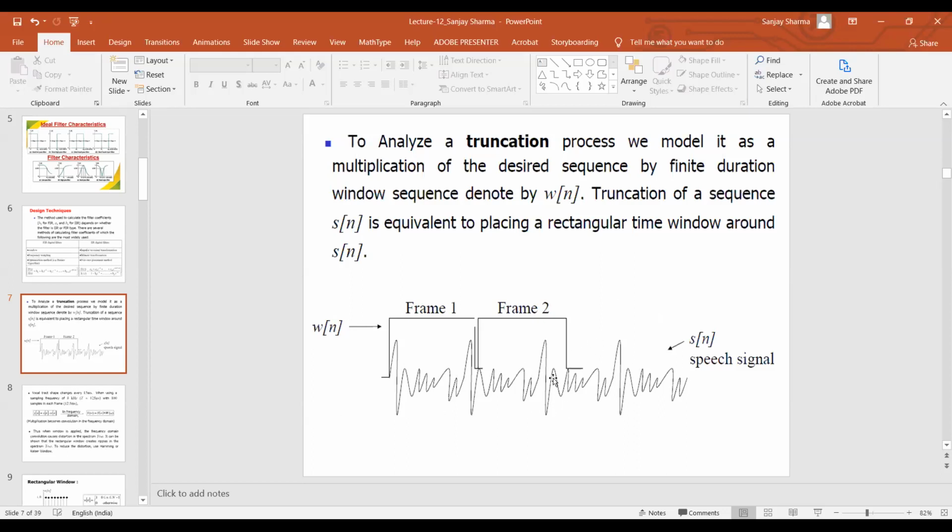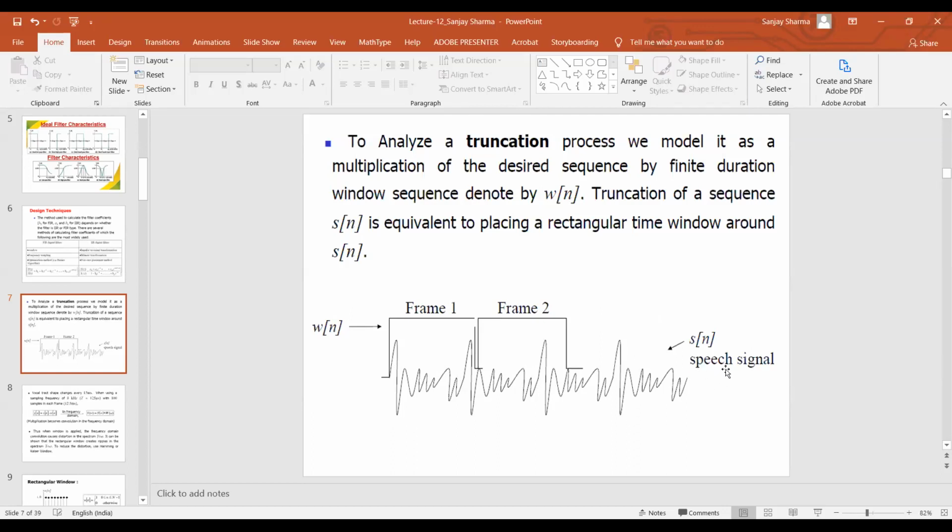We have to truncate the signal, and we have to look at the signal within a frame. Our job in this course is not to study speech signals, but still I am giving you an idea.